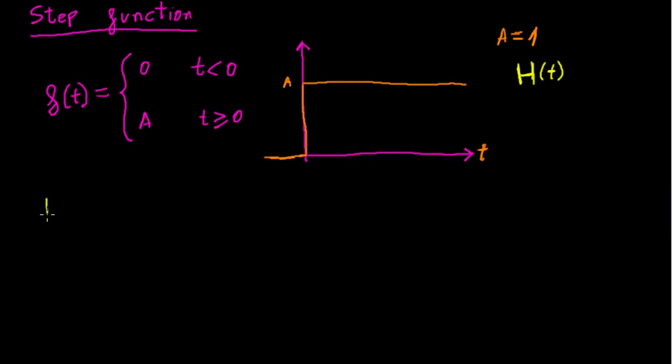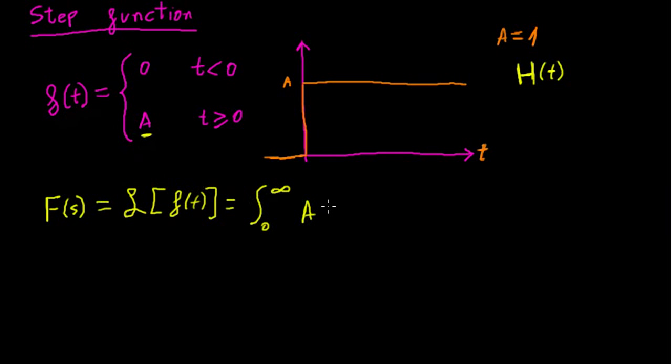So again, the Laplace transform of f of t, that is to say capital F of s, is equal to the integral from 0 to infinity of f of t, which is a times e to the minus st dt, and we'll use the same tricks as in the previous case.